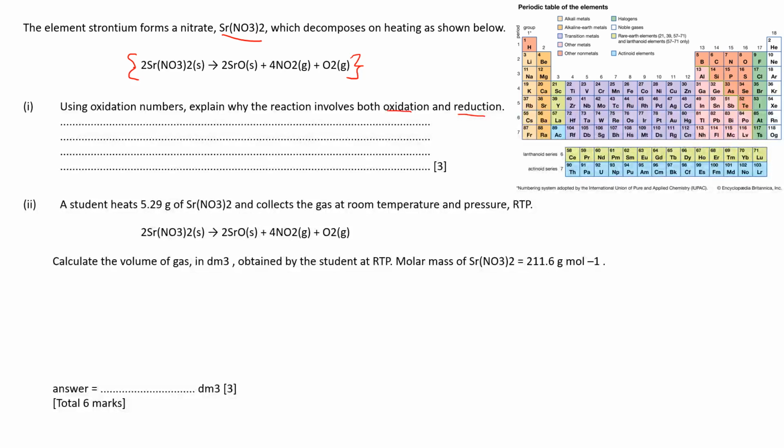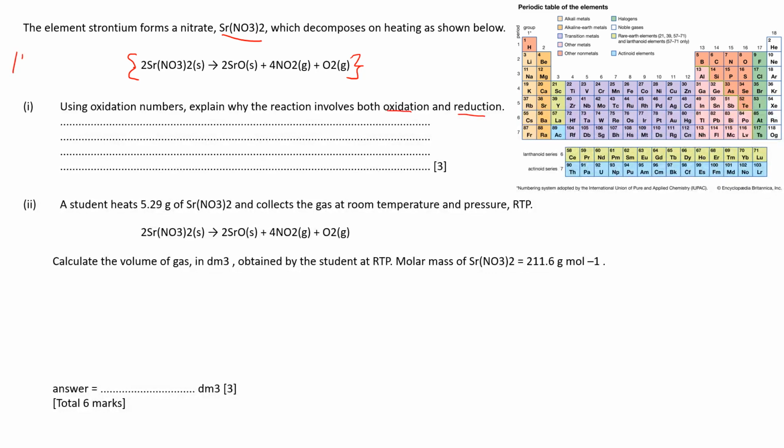Okay, so the easiest thing to look at first would be oxygen, because we know that oxygen always has an oxidation state of -2, except if it's in a peroxide, then it would have an oxidation state of -1.